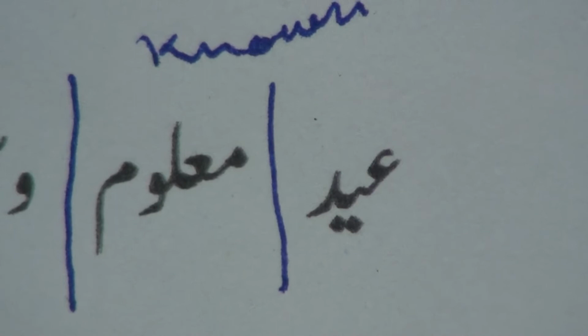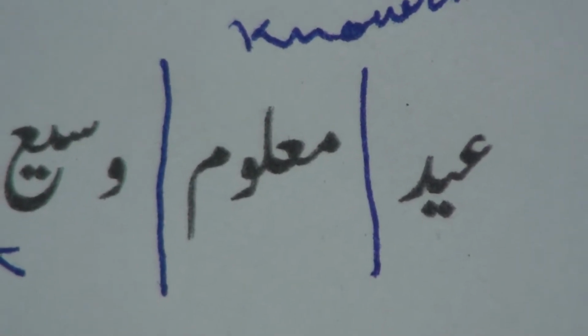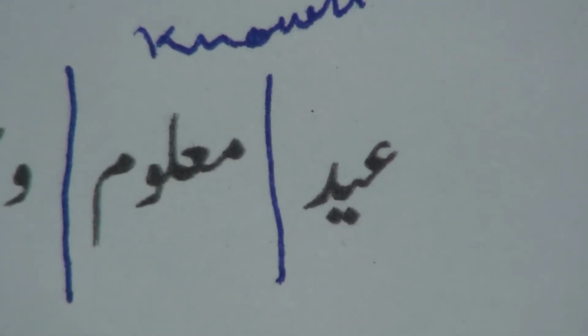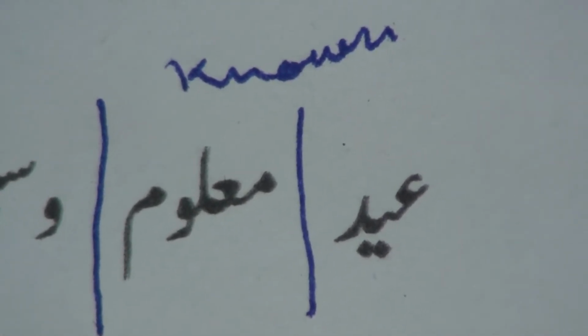Although the shape is a bit changed, the round part is vanished, but still you can recognize it. But when Ayn is at the middle of the word, its shape changes a lot. Here is the word Malum. Malum means known.